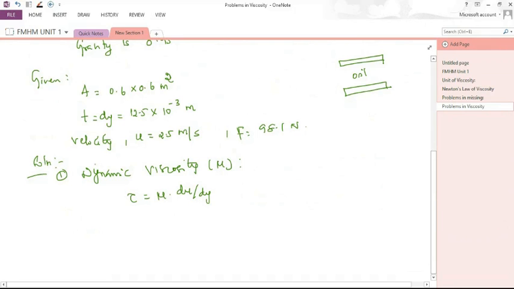First of all, we need to measure tau. The general formula for tau is force by area. Force is 98.1 Newton and area is 0.6 into 0.6 meter square. If you go for the calculation, you get around 272 something.